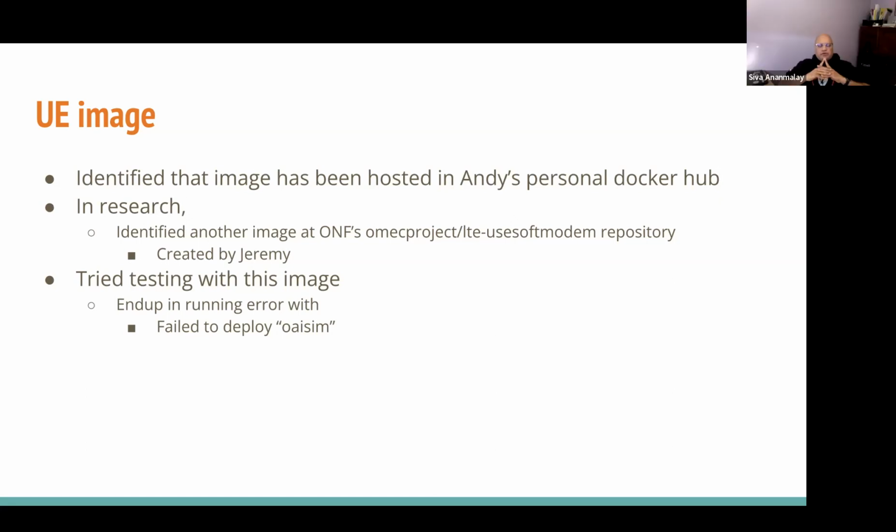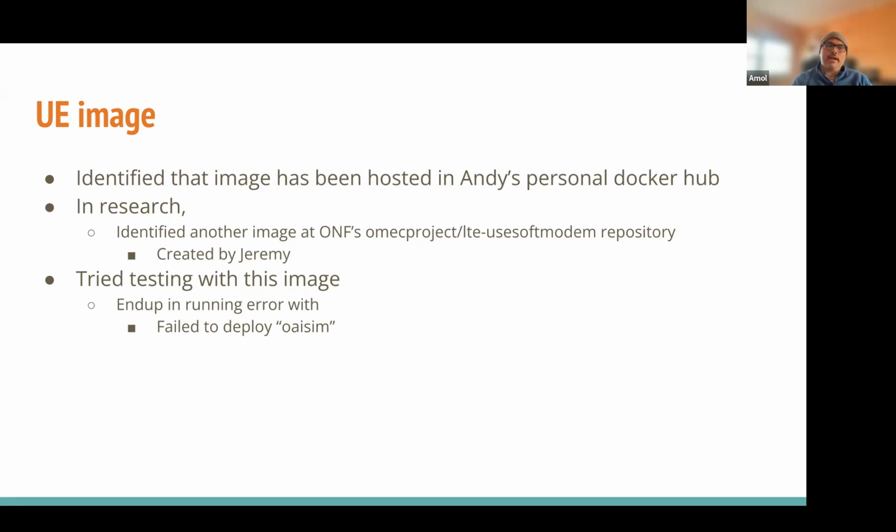Okay, so Andy, it sounded like what you were suggesting was straightforward, but it sounds like you weren't able to get it to work. Am I understanding that correctly? No, actually Andy is saying that it's a simple image and we can build it on our own and upload it to the project.